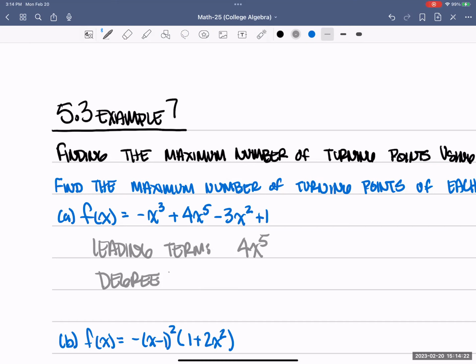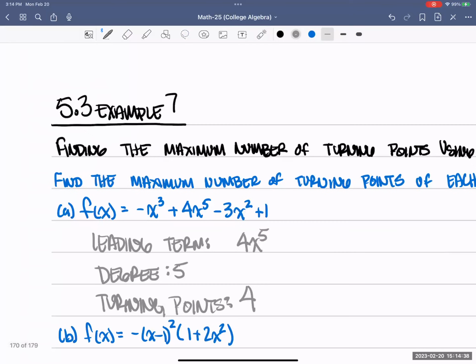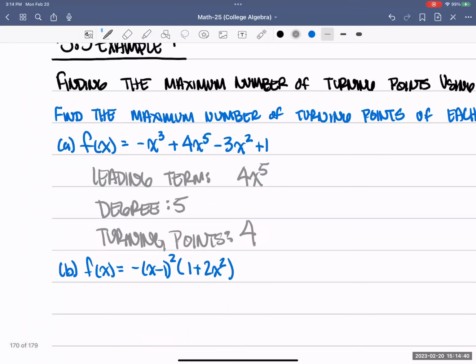So maximum turning points would be 4. So here, maximum amount of turning points is going to be 1 less than the degree. So here it's going to be 4.